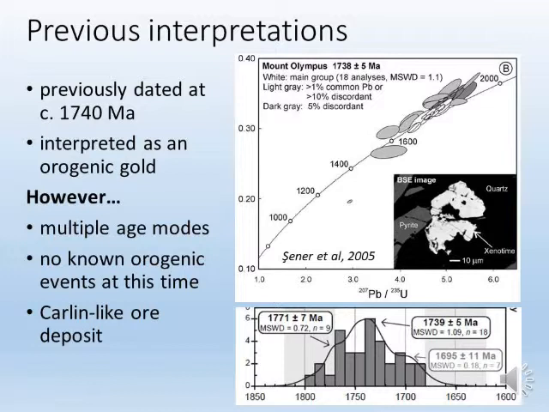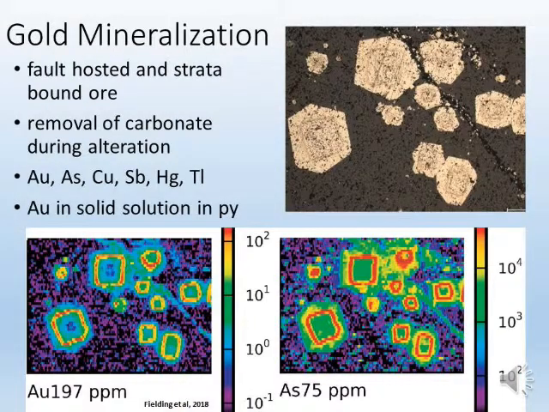Then this 1730 age, which they have as gold mineralisation. And then one at 1695 MA, which is not the best age, but that's within uncertainty of the Mangaroon orogeny.